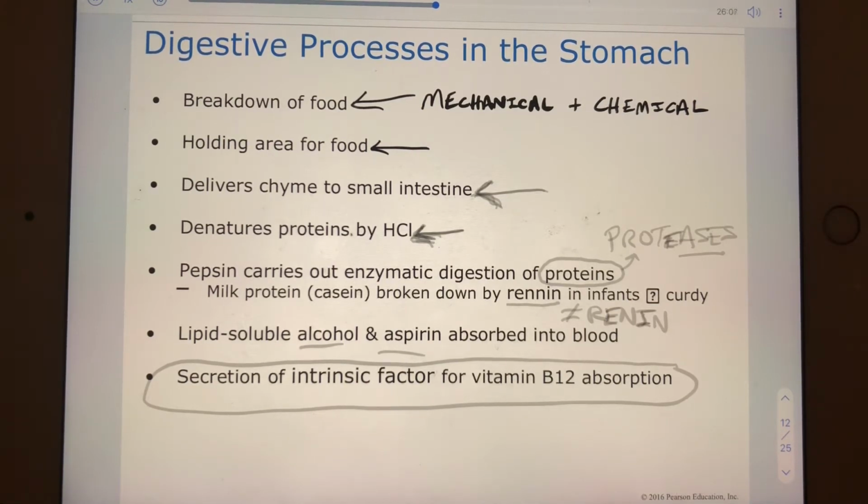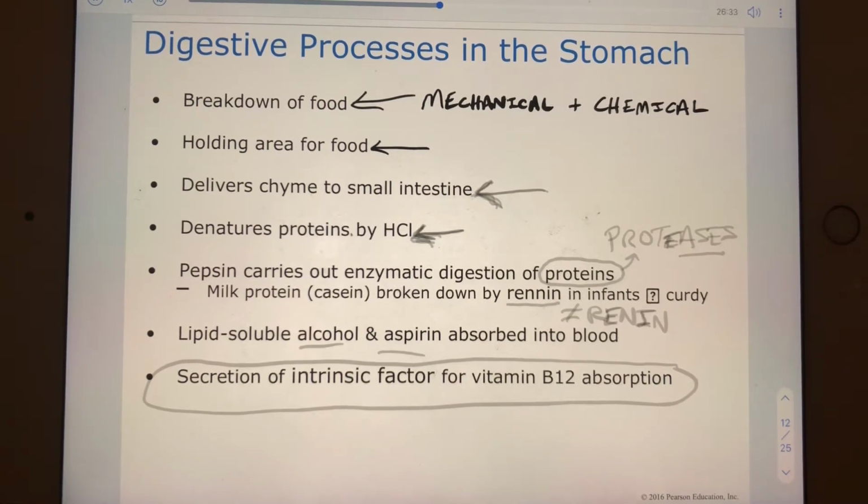And in fact, our foodstuffs stay in our stomach. Usually, it does vary by both type of food and size of meal and consistency, like texture, if you will, of meal, but also varies by health, right?